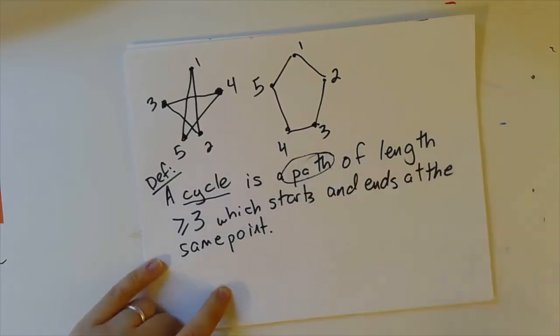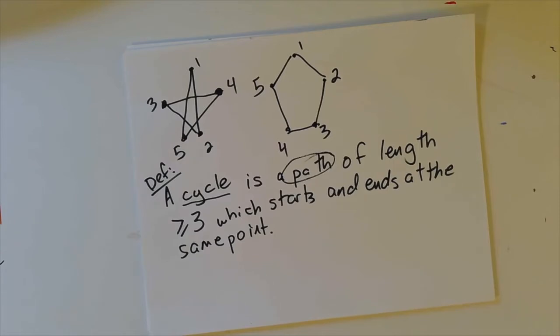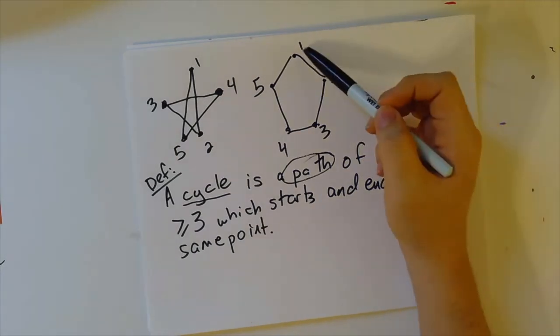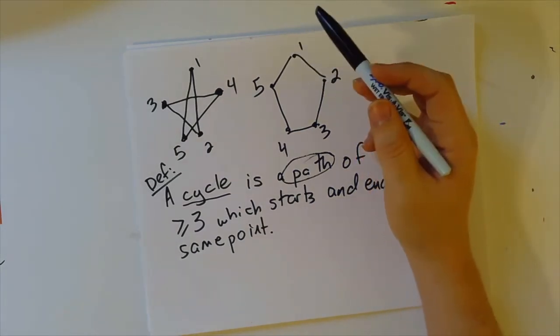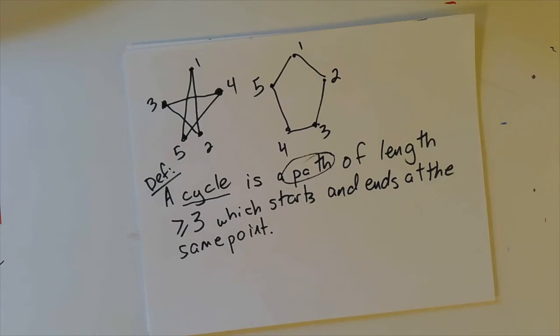Remember, this word path here specifically means we don't repeat edges. So a cycle is a path from a point to itself that visits every other point at most once.